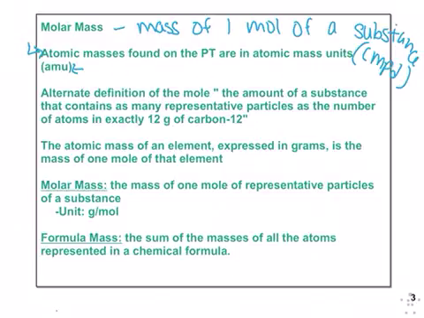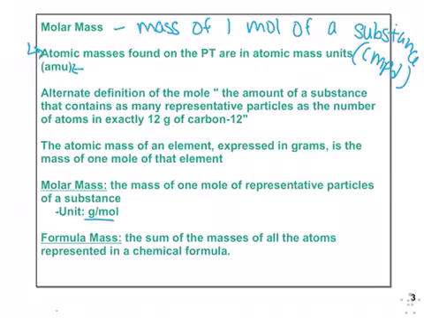Another definition of the mole is the amount of a substance that contains as many representative particles as the number of atoms in exactly 12 grams of carbon-12. That is the basis for being able to do these molar calculations. The atomic mass of an element, expressed in grams, is the mass of 1 mole of that element.